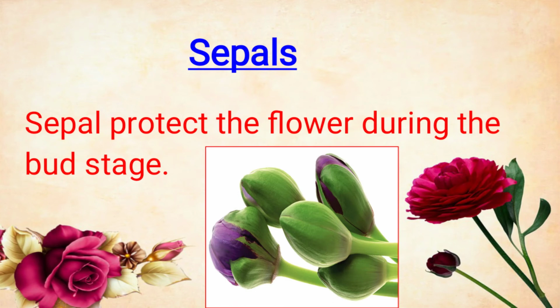We can see in this picture these buds covered by this green leaf, and these green leaves protect these flowers during the bud stage. So the duty of sepals is to protect the flower during the bud stage.